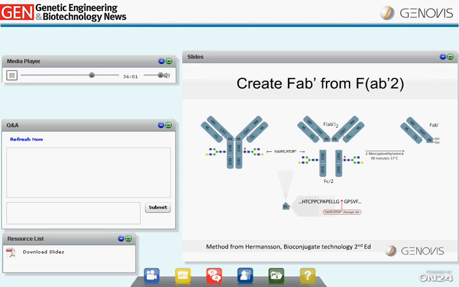Using the FabRICATOR enzyme, it's also possible to create Fab prime fragments using 2-mercaptoethylamine. This is a protocol adapted from Hermanson's book Bioconjugate Techniques. This mild reducing agent is selectively reducing the thiols in the hinge region, thereby creating Fab prime fragments.